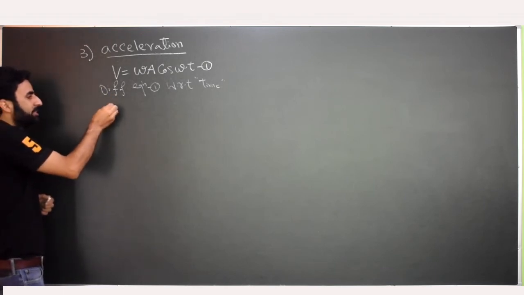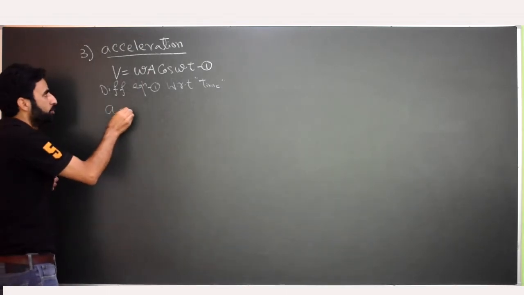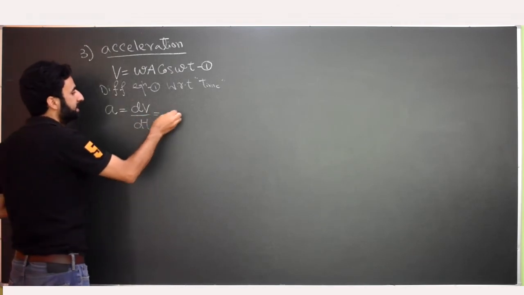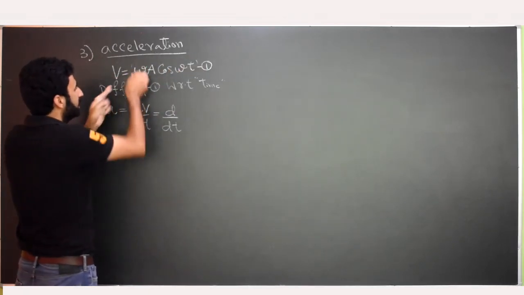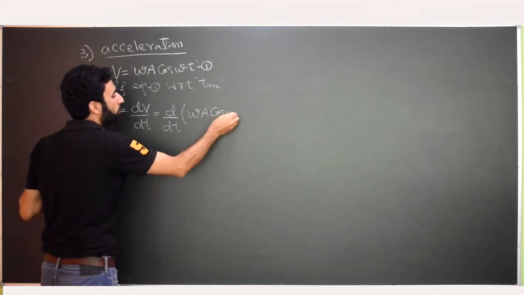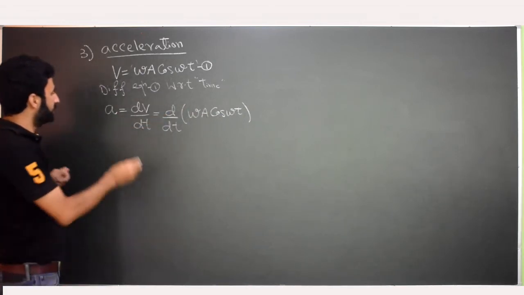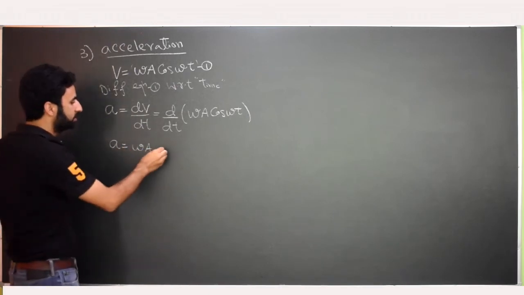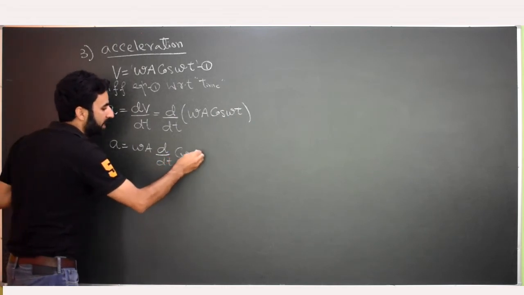Let us represent acceleration with small a, because we have represented amplitude by capital A. So this is dv by dt, which is d by dt of v, and using the value of velocity here, we write omega A cos of omega t. Now omega and A we will take out of differentiation, both being constants. We have a is equal to omega A times d by dt of cos of omega t.